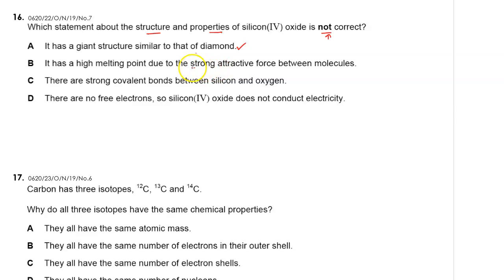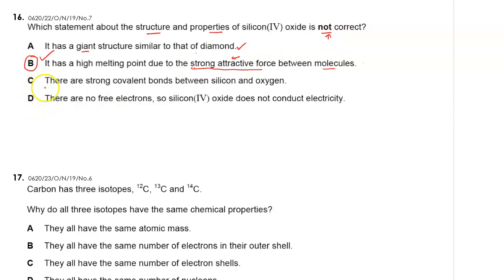This is not right, because it says strong attractive forces between molecules. As I say, silicon dioxide is a giant structure, one giant molecule. So there are not many molecules which you could have attractive forces between, and that makes this one not correct, and therefore it is the right answer, because we are looking for the one which is not correct.